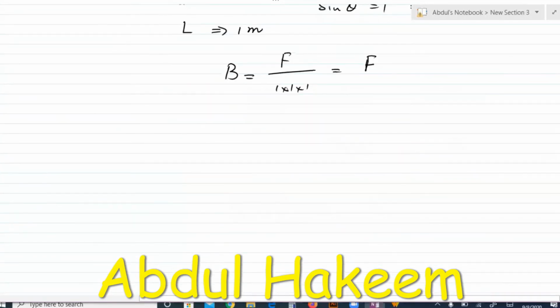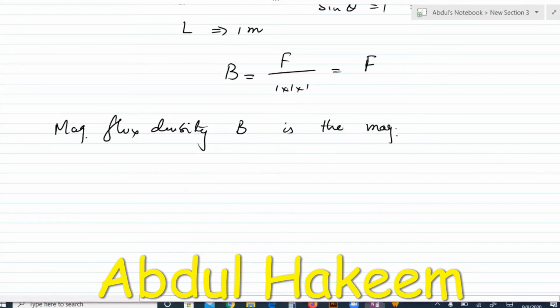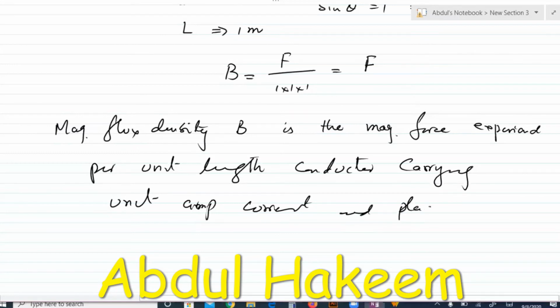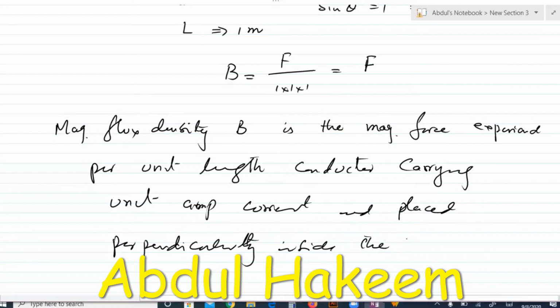So we will write: magnetic flux density B is the magnetic force experienced per unit length of conductor carrying unit ampere current and placed perpendicularly inside the magnetic field.